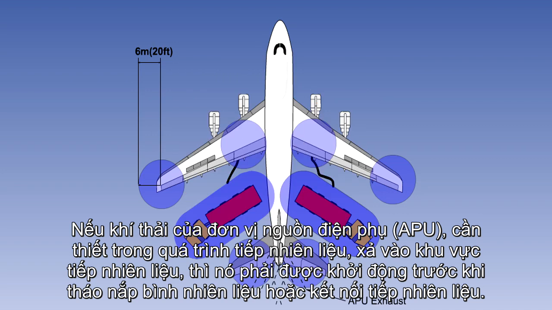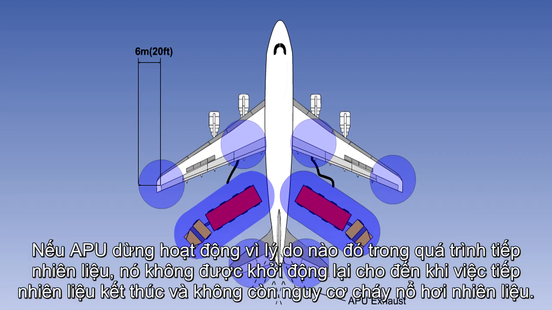If the exhaust of an auxiliary power unit or APU, which is required during the refueling operation, discharges into a fueling zone, then it must be started before filler caps are removed or fueling connections made. If the APU stops for any reason during refueling, it should not be started again until fueling has ceased and there is no danger of igniting the fuel vapors.